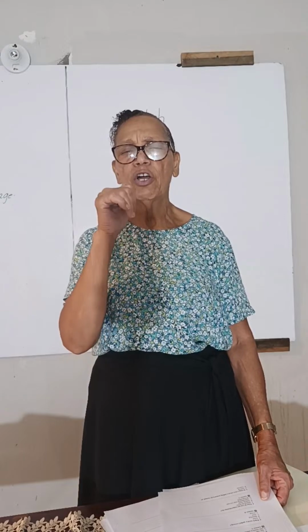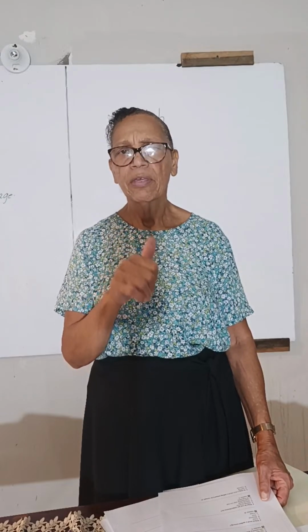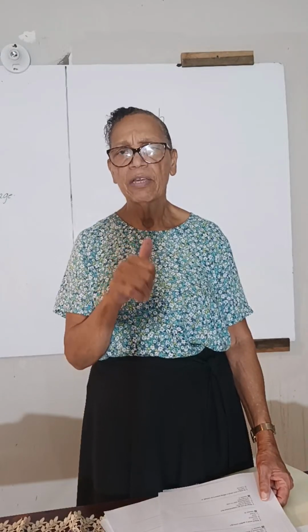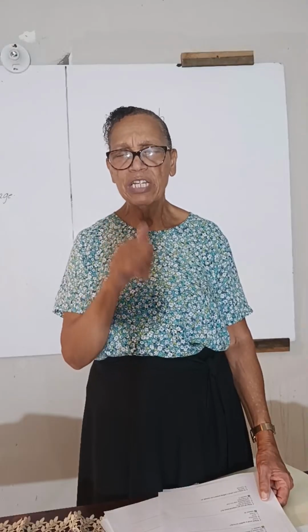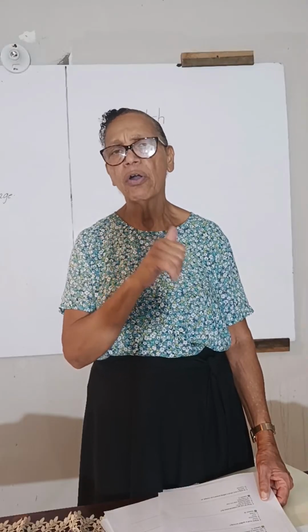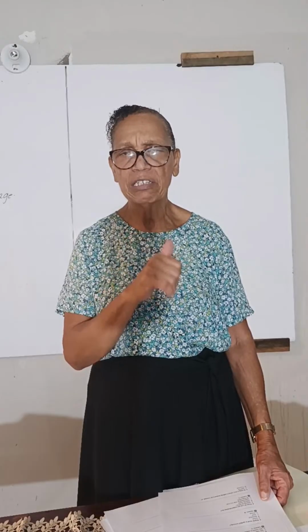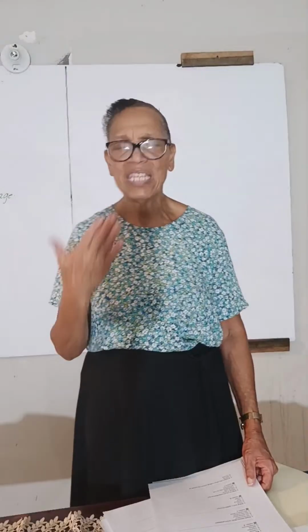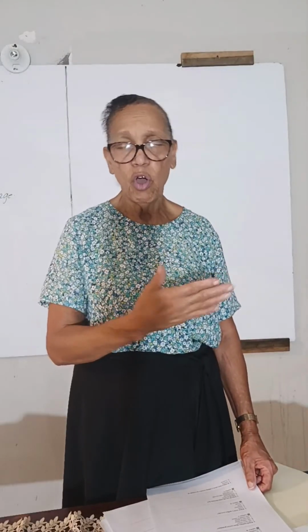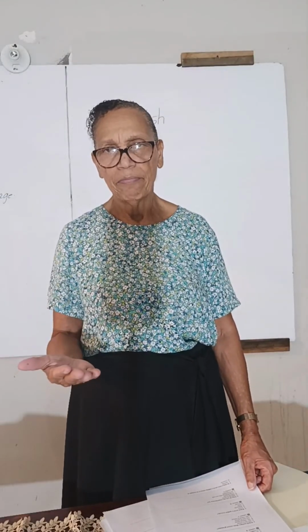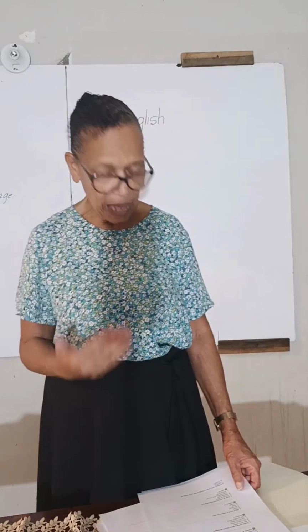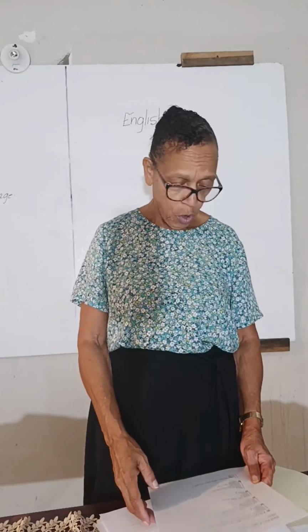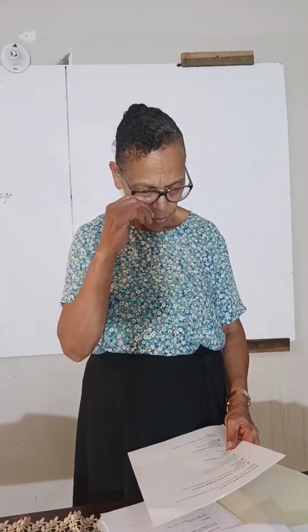Am I working on grammar, vocabulary, spelling, reading comprehension, or creative writing? Or the next question, am I working on a combination of 2 or 3 of them? So look at that. That will help you. All right. Next one.